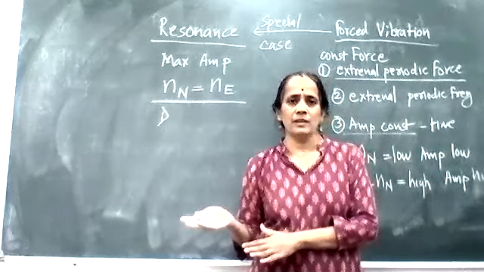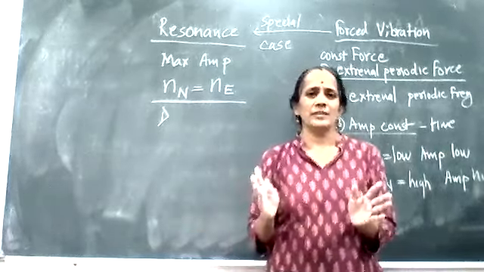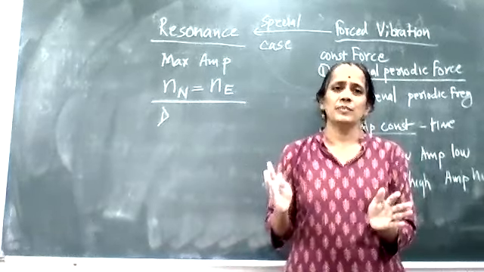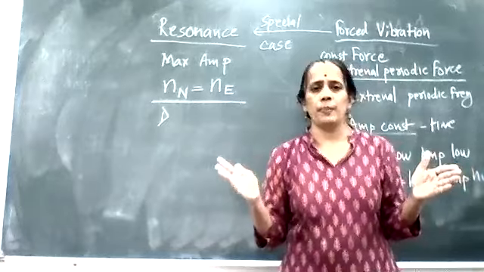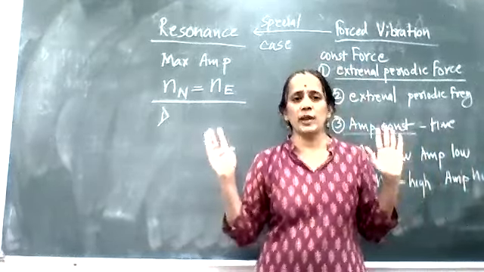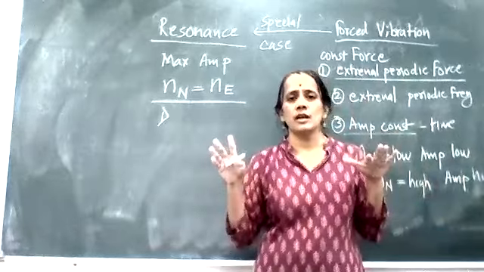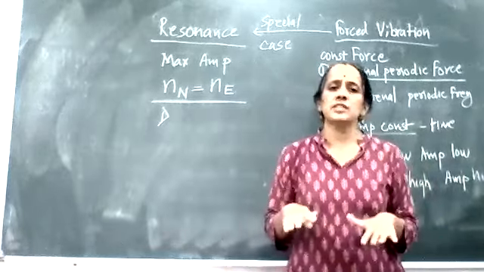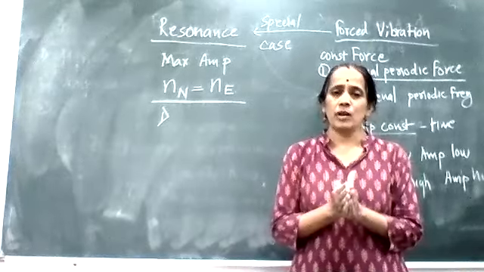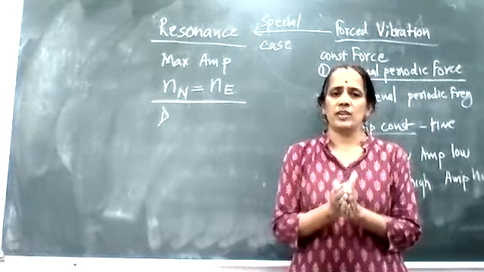Clear? Maybe you know another concept: if you are sitting in an auditorium, that auditorium is provided with a number of precautionary noise or sound absorptive systems. Why? Because clapping is nothing but an external periodic frequency.